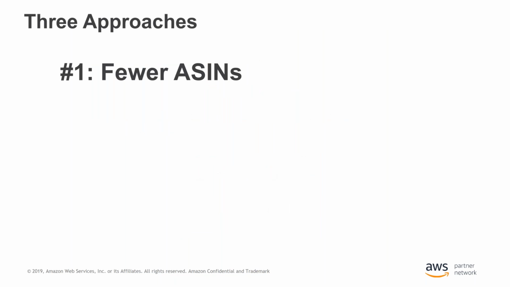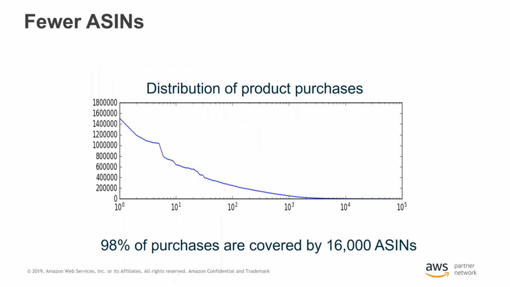The first approach that we used was simply to consider fewer products. And that makes sense. Originally, we had, as I mentioned, 50,000 products. It was a good first cut, but we still wanted to do better. We still wanted to cover at least our 30,000 top sellers.